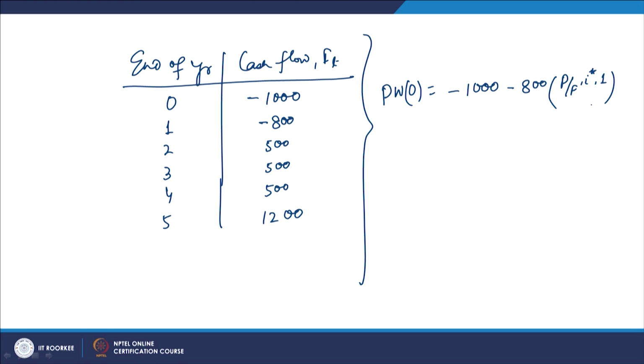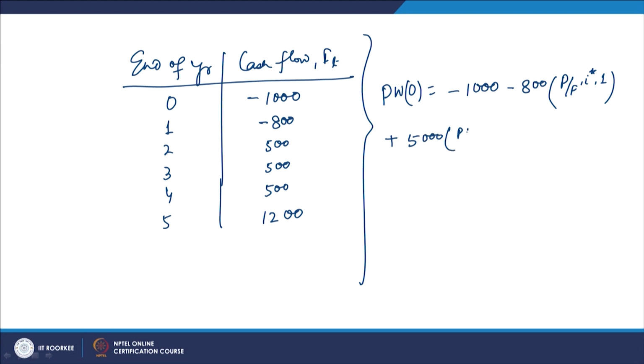Then you have again 3 500s, so you have to convert them to the present value.